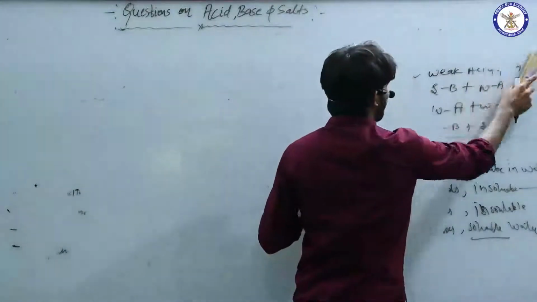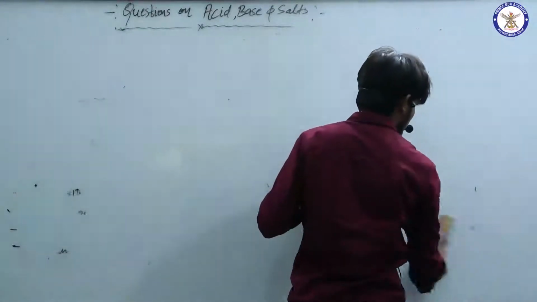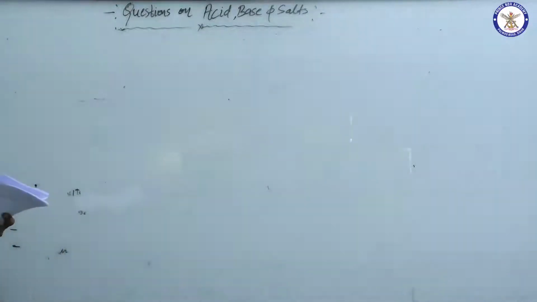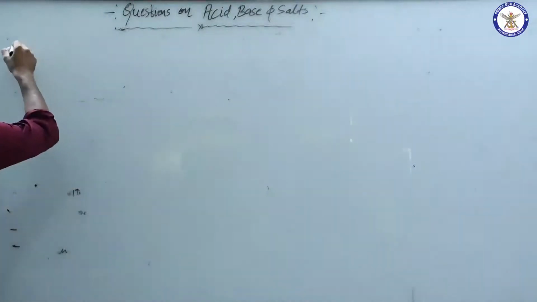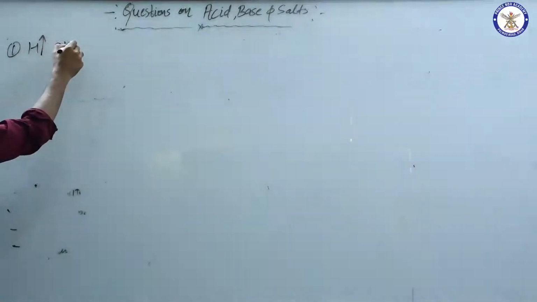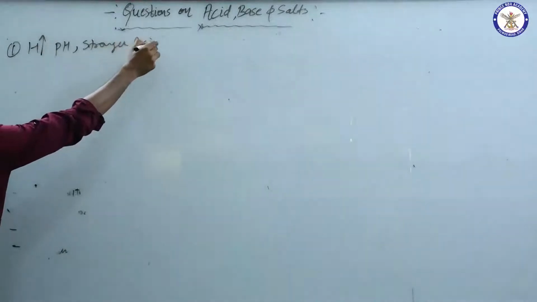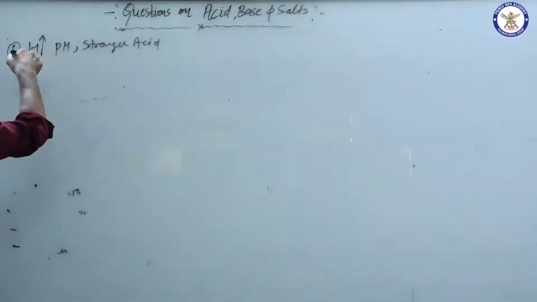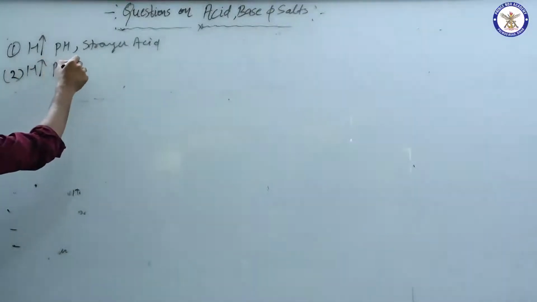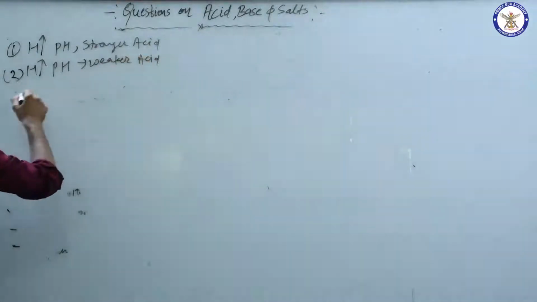The first option is higher the pH, stronger the acid. Now you have to remember the basic concept of pH. As pH increases, acidic strength decreases. So higher pH, stronger acid is wrong, because a stronger acid has lower pH. Higher pH, weaker acid, yes, this is acceptable.